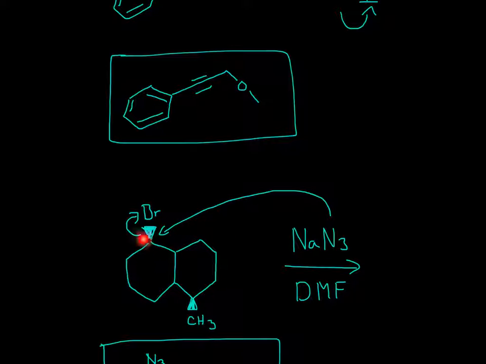There's two places where there's stereochemistry, and then we have NaN3, because Na is +1, so N3 would be minus, because they have to cancel, since there's no charge on the original formula.